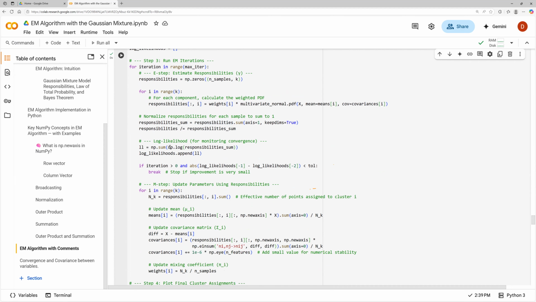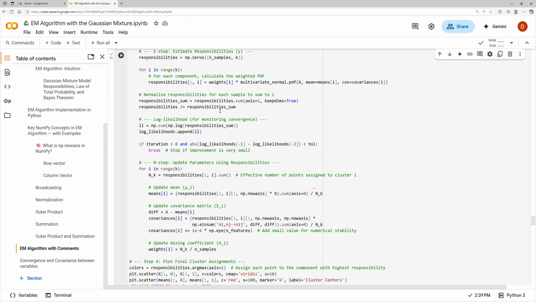Here's the log likelihood. So the responsibility sum, and then I append the log likelihoods. We're summing this term.